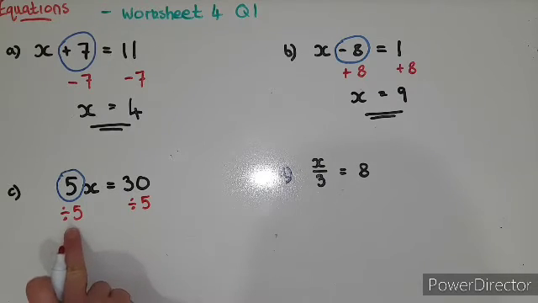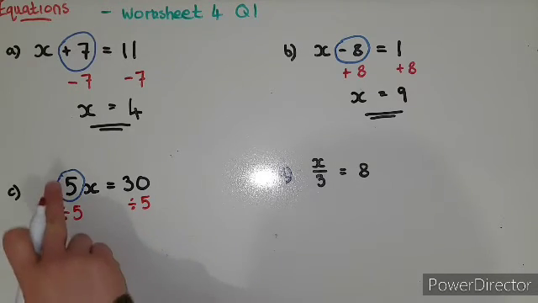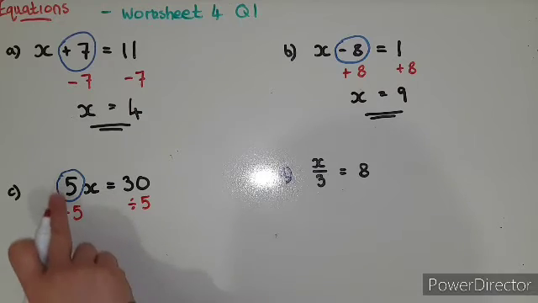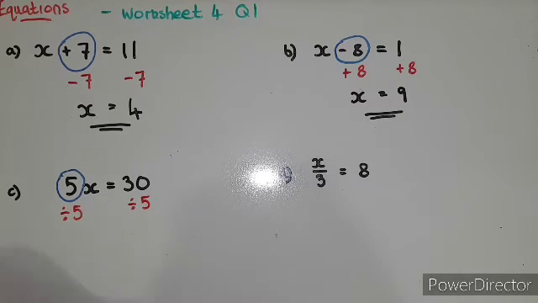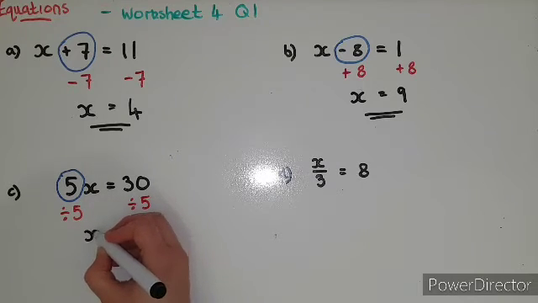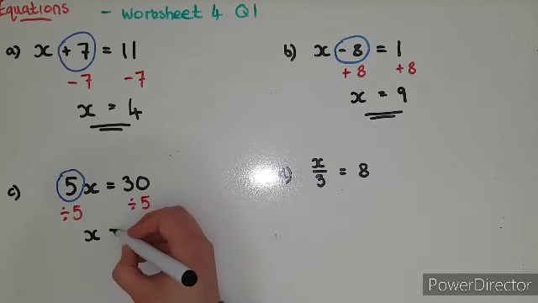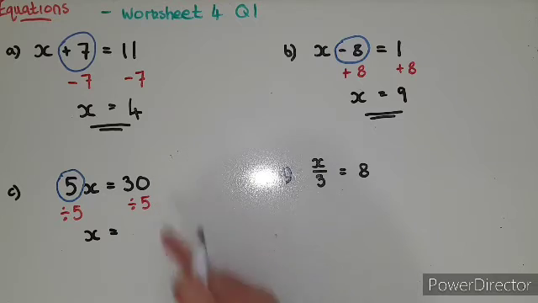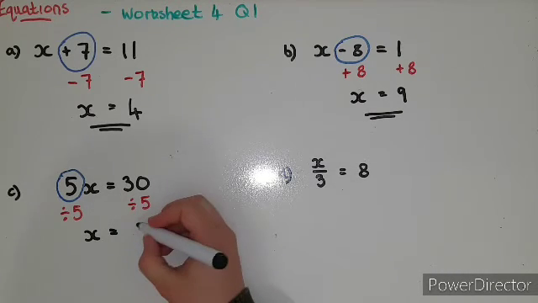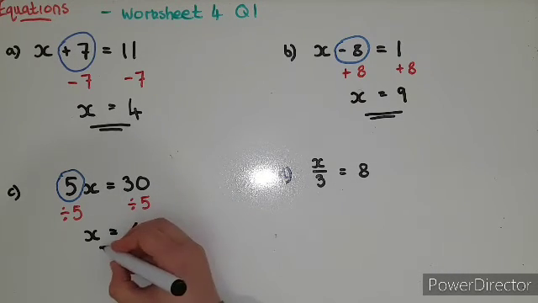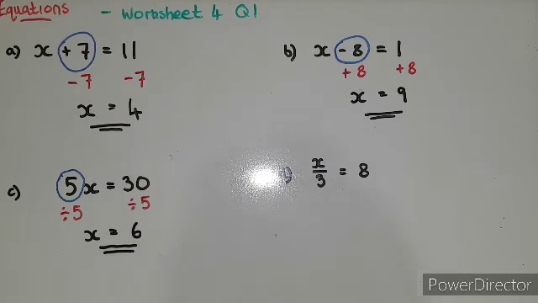Now, divide by 5 and multiply by 5 are opposites of each other, so they cancel each other out, and I'm left with just x on the left hand side. And on the right hand side I've got 30 divided by 5, so I have 6. We can double check our equation: 5 times 6 does give me 30, so x must have been 6 there.